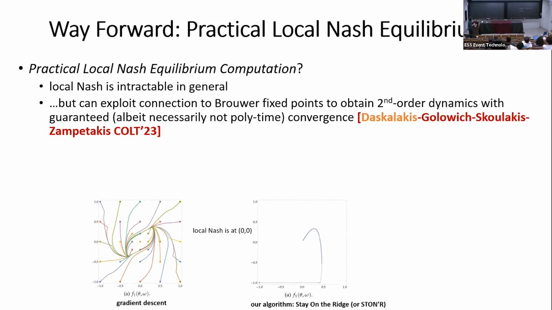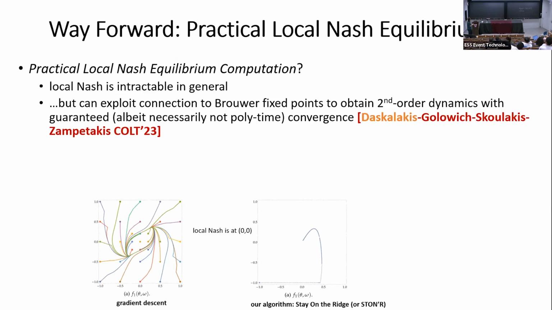And here I'm showing you an example in very low dimension of how our algorithm works over here, asymptotically converging to the local Nash, in comparison to what would happen with the gradient descent versus gradient descent algorithm if run by these 2 players.